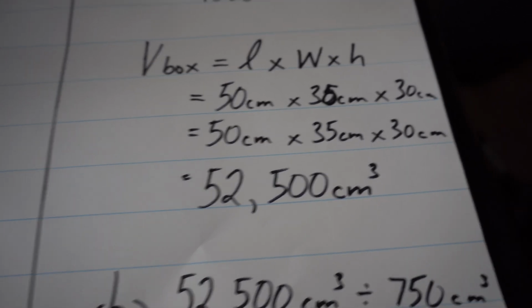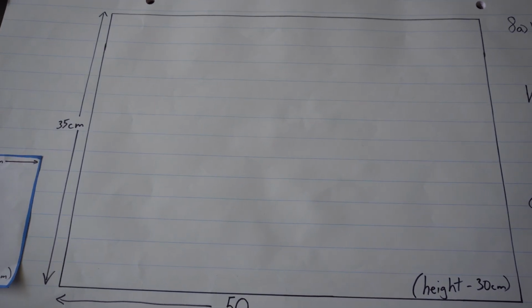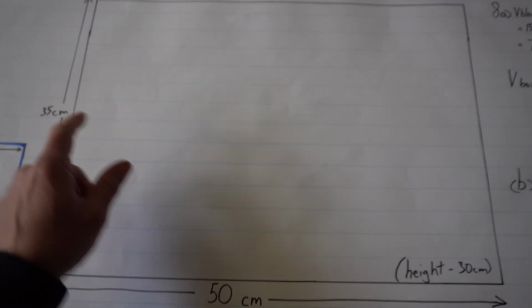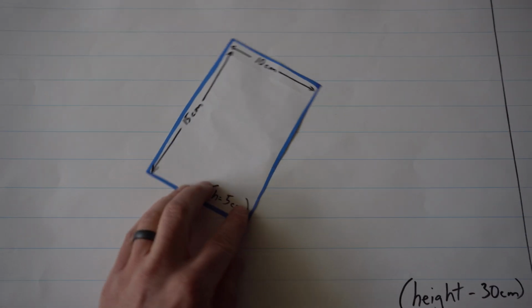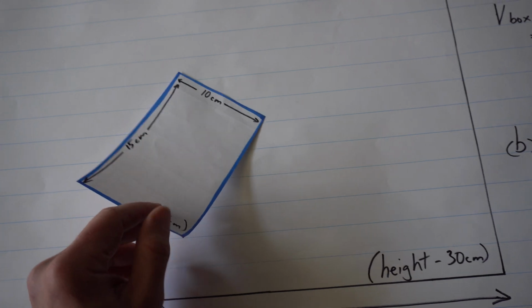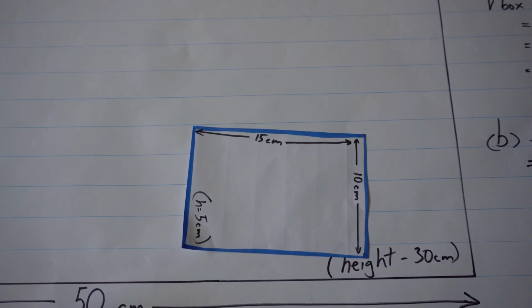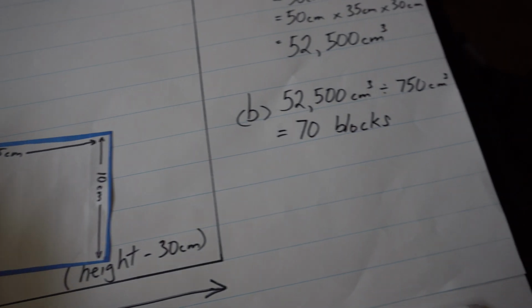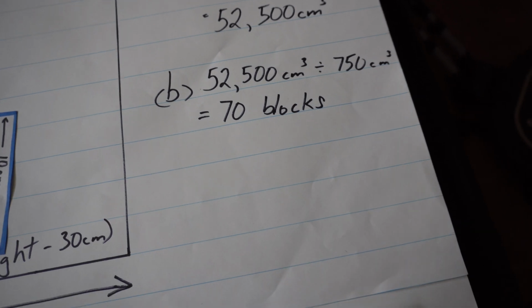For B, it says, take the volume of that toy box, which is, again, 50 by 35, with a height of 30, and then how many of those blocks, which are essentially 15 by 10 by 5, can you fit inside the box on basically a purely volume-based level? So don't worry if they fit perfectly, just looking at volume.